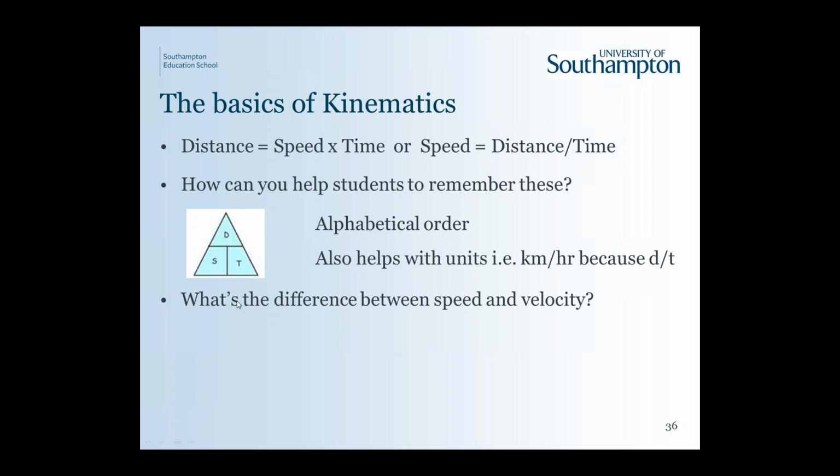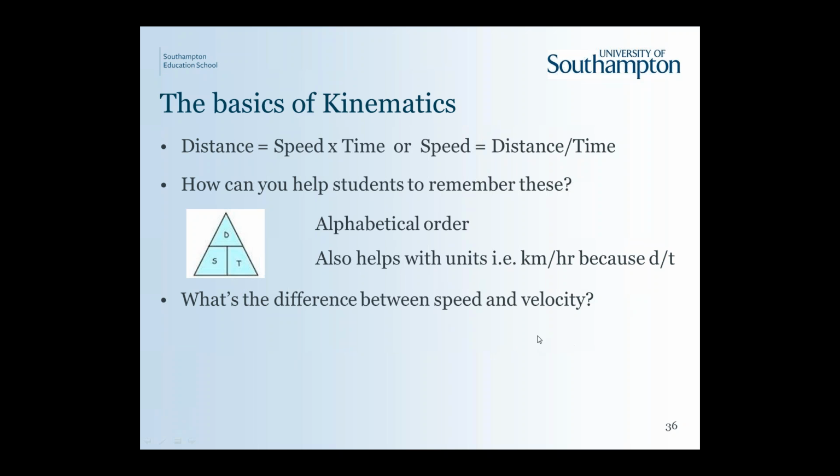Yeah, absolutely. So we use the words, well, I suppose it's one of those things we use incorrectly in the same way that we use weight versus mass incorrectly. It's the quantity versus the quantity in a particular direction.